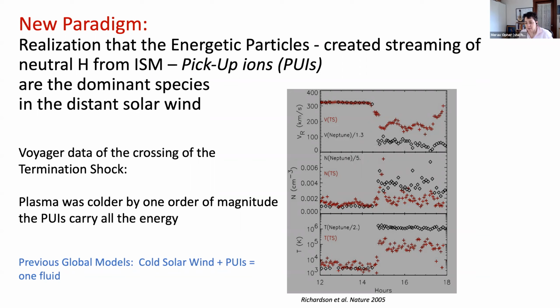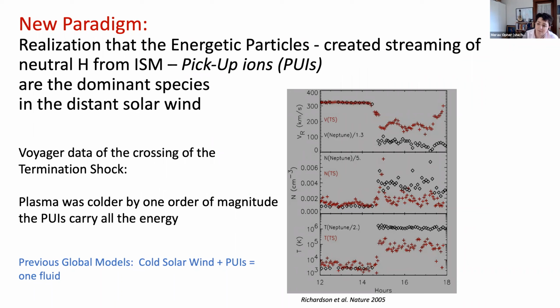And when you put in the numbers, you should have a temperature on the order of 10 to the 6 Kelvin. But the temperature measured was 10 to the 5, an order of magnitude colder. And when we went back to think about where the energy went, there was a problem of energy, people realized that this is a shock mediated by pickup ions. So this is an interesting plasma problem.